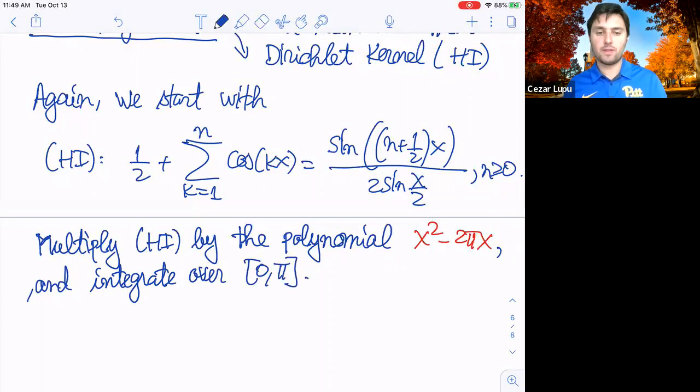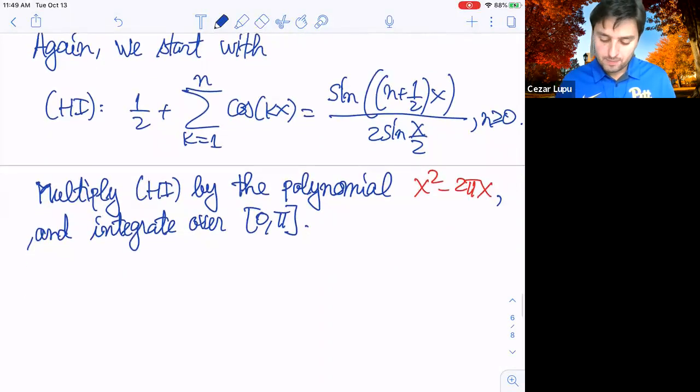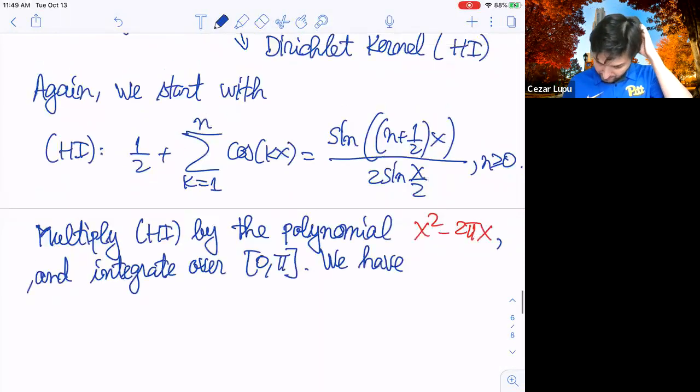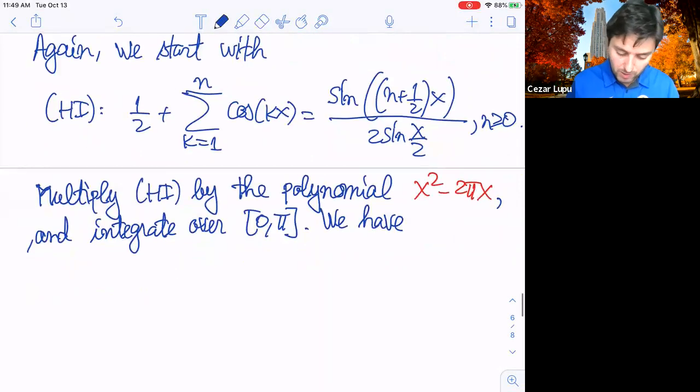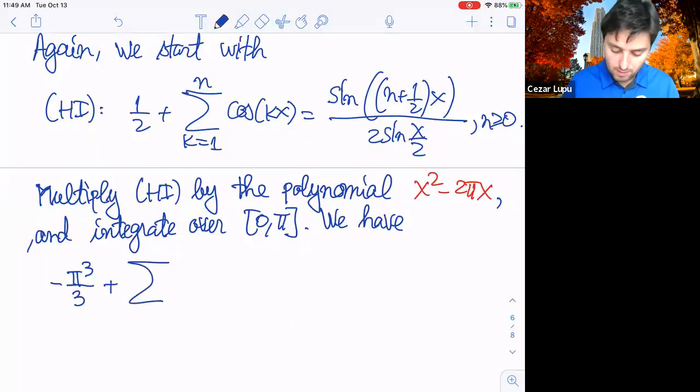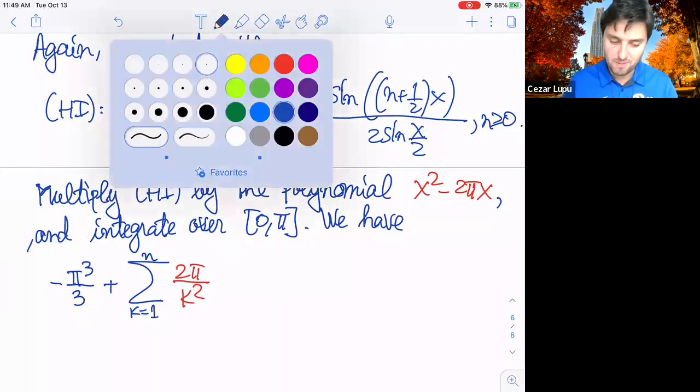So once we have this, I'm just going to tell you what we get. So we'll get something like negative pi cubed over 3 plus, and here I'll get this sum, 2 pi over k squared, as you can see here, I have this term.